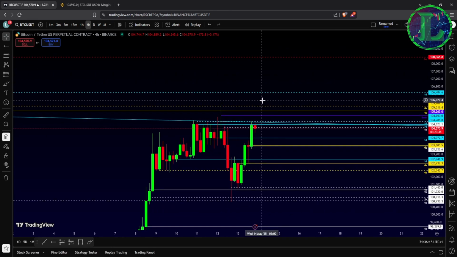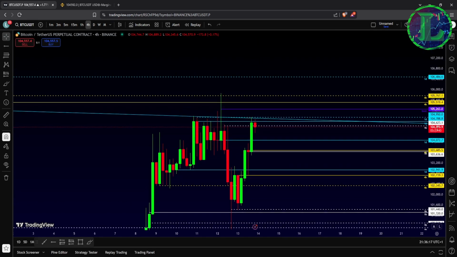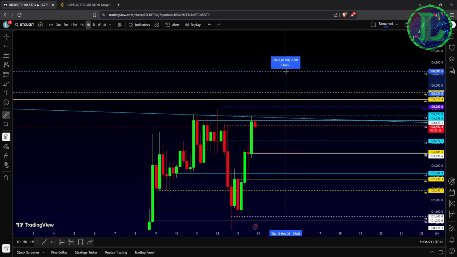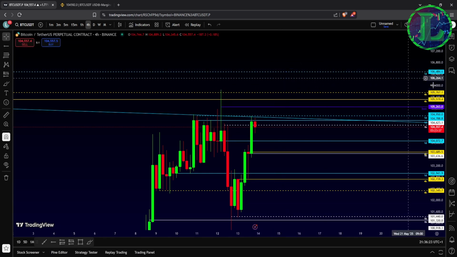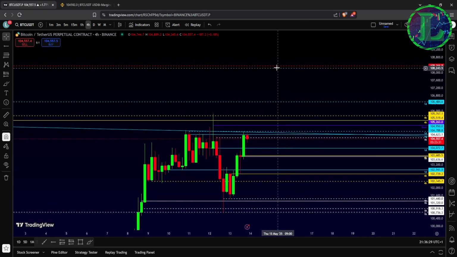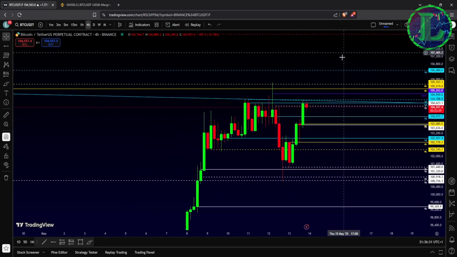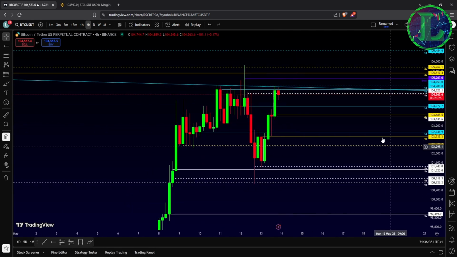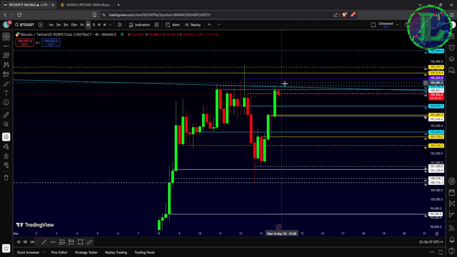The only problem with this break level is the daily, it's really close, so we cannot do almost anything here, and we have the weekly over there, and honestly, if we go to the weekly, we are probably going to a new all-time high. So this is why I believe this is kind of the last zone for a short on Bitcoin.